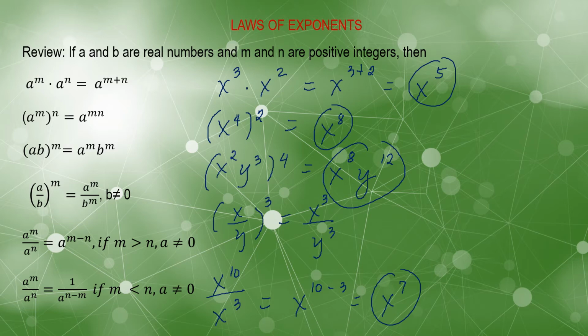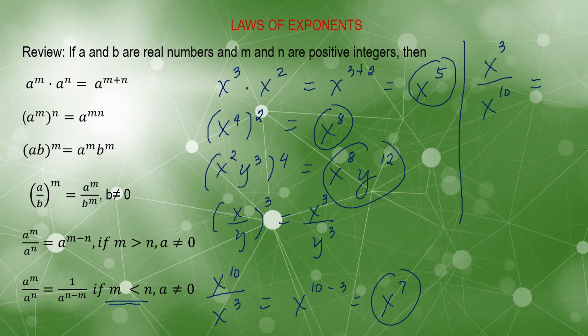Another law, we have a raised to m over a raised to n. That will be equal to 1 over a raised to the difference of m and n. In this case, that is if m is less than n. So say for example, we have x raised to the 3rd power over x raised to the 10th power. If you will try to observe, the exponent in the numerator is less than the exponent in the denominator.